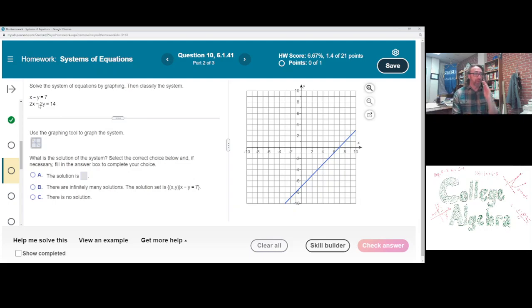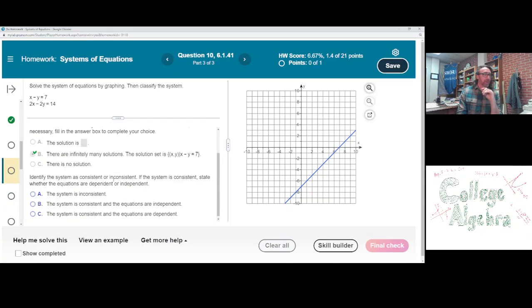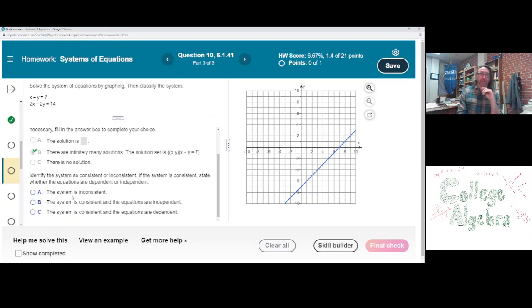These guys both have the same graph. So there are infinitely many solutions. Any solution to the first equation is also going to work in the second equation. So this is an example of a system of equations that is consistent and dependent.